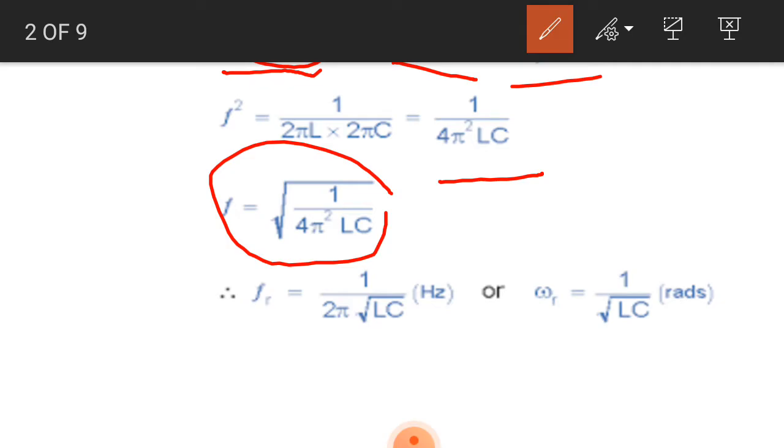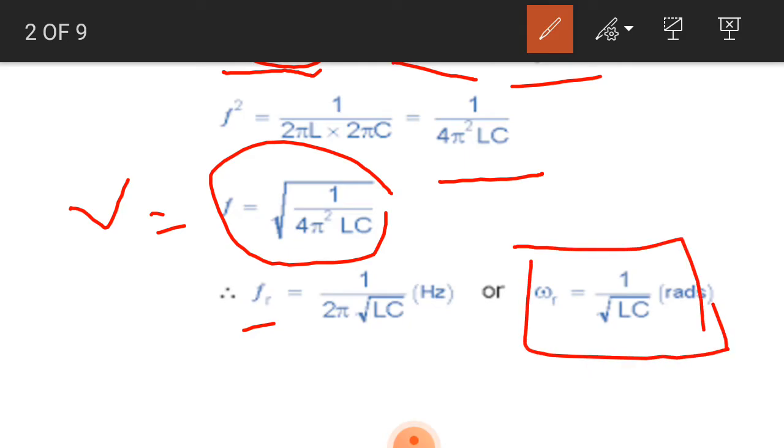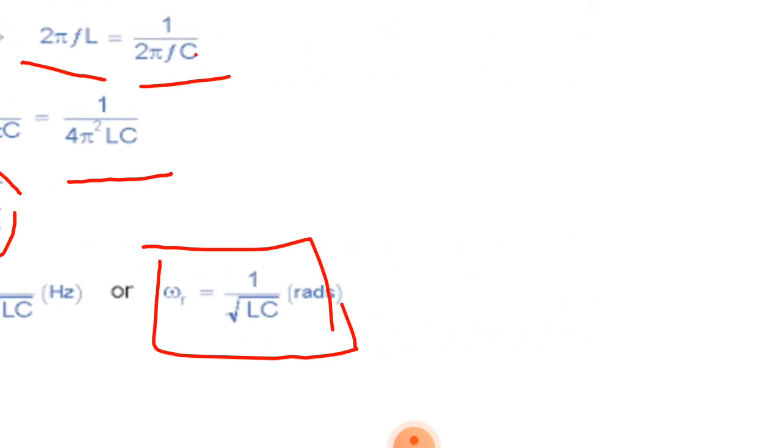This is the resonant frequency, nu r or nu naught, 1 by 2 pi root LC. In terms of omega, its value is 1 by root LC.